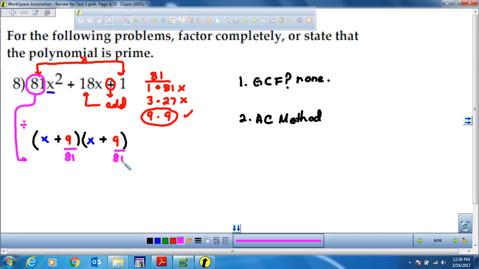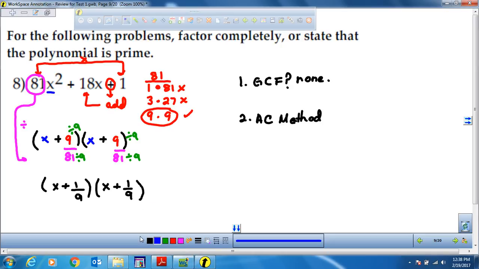We cannot divide the 9 by 81, but we can simplify both fractions. We can divide the 9 and the 81 by a 9, and do the same thing here. That leaves us with x plus 9 divided by 9, which is 1, over 81 divided by 9, which is 9. Same thing with the second parenthesis, 1, 9.